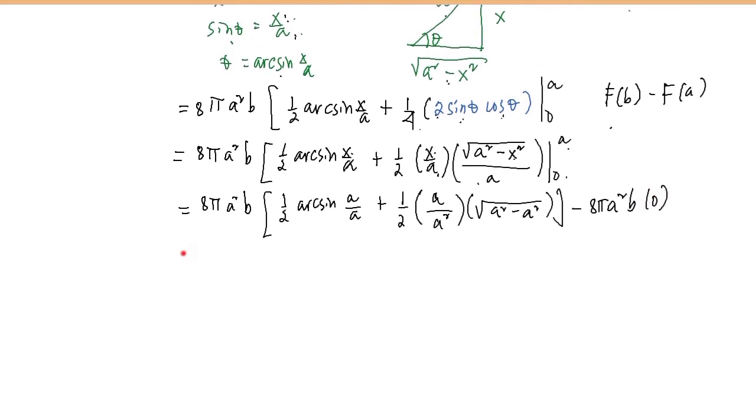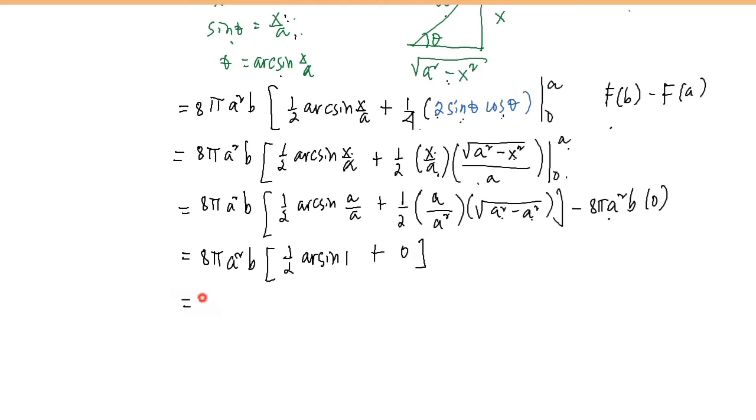So simplifying, we have here 8 pi a squared b multiplied by 1/2 arc sine of 1 plus, for the second term, since we have here a squared minus a squared, that would be 0, so the second term will be equal to 0, and since this is equal to 0, it disappears.